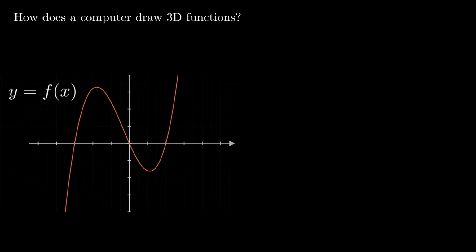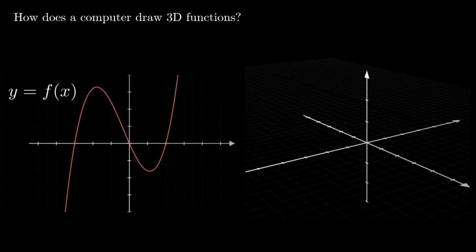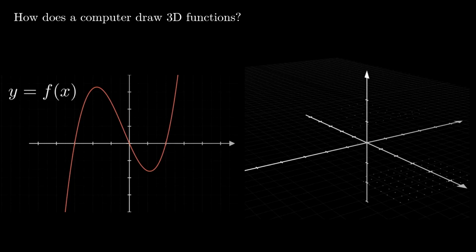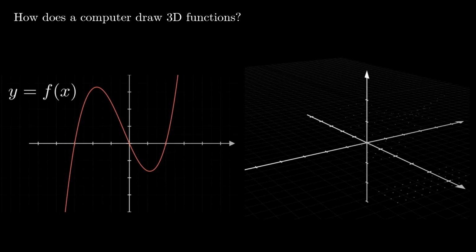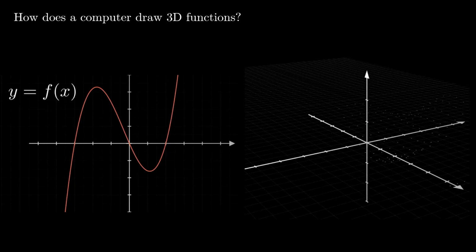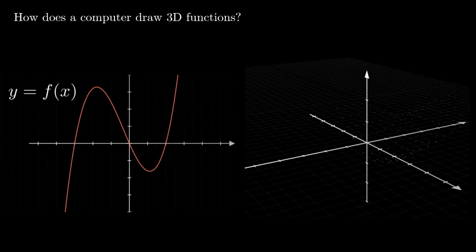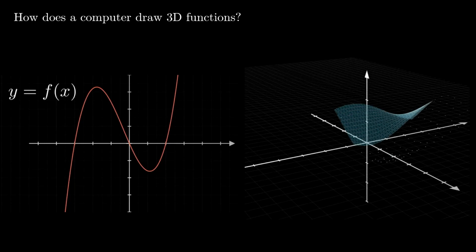And for 3 dimensions, it's basically the same. I have my 3 axes, x, y, and z, and I can have a bunch of sample points, and then I elevate each point by a certain altitude, and this is simply by computing the function.